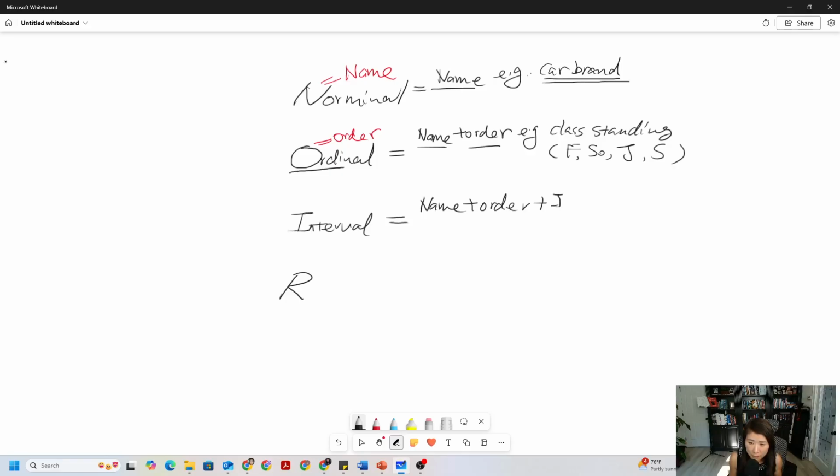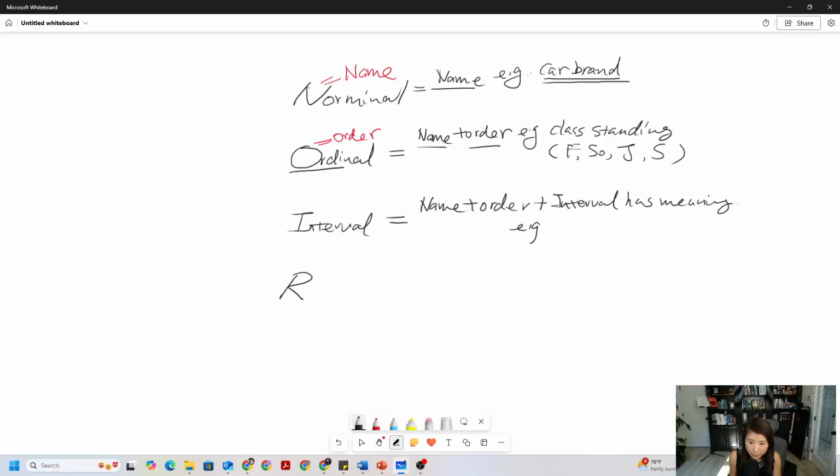So not only the name and order, but the differences between the 2 attributes start to make sense.